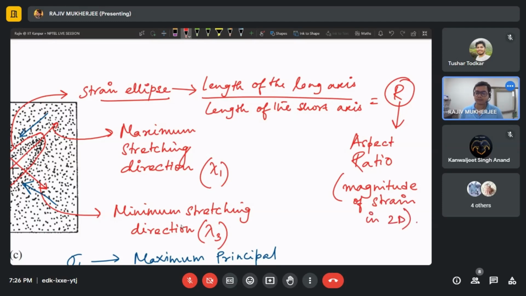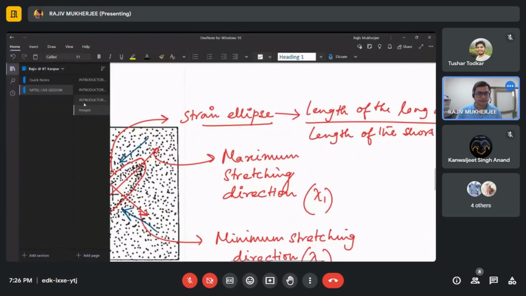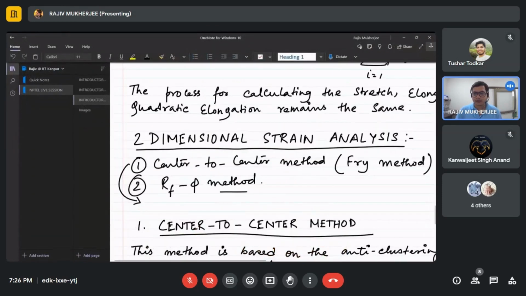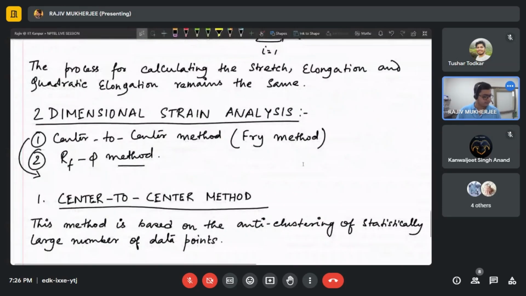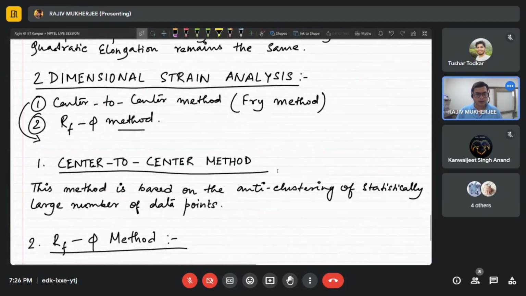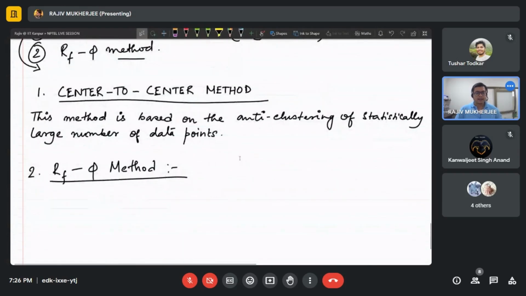Okay, so now coming back to the RFI method. Whatever drawbacks we faced during the center to center method, there is another method known as the RFI method.